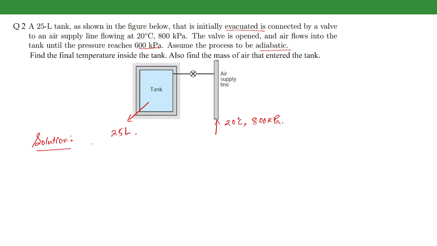So dm by dt of the control volume. Basically we are considering the contents of the tank as the control volume.